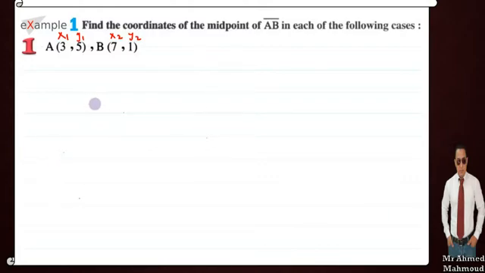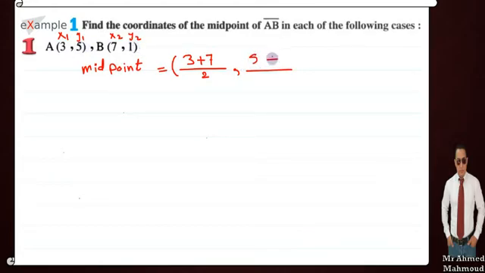Then the midpoint equals x1 plus x2 over 2, 3 plus 7 over 2, comma, y1 plus y2 over 2, 5 plus 1 over 2. Then 3 plus 7, 10 over 2, 5, 5 plus 1, 6 over 2, 3.